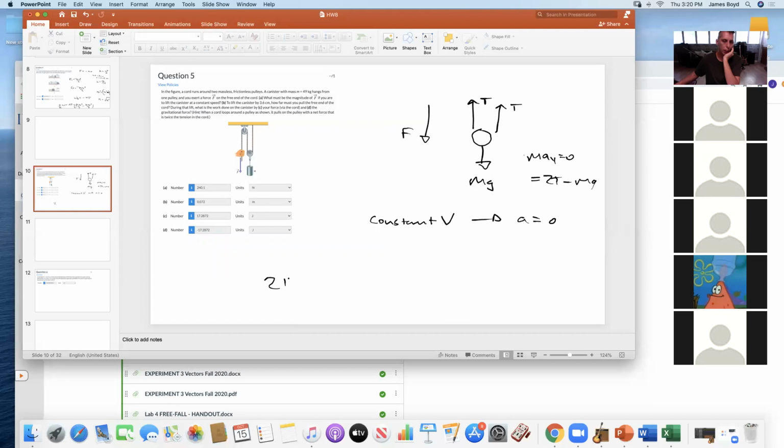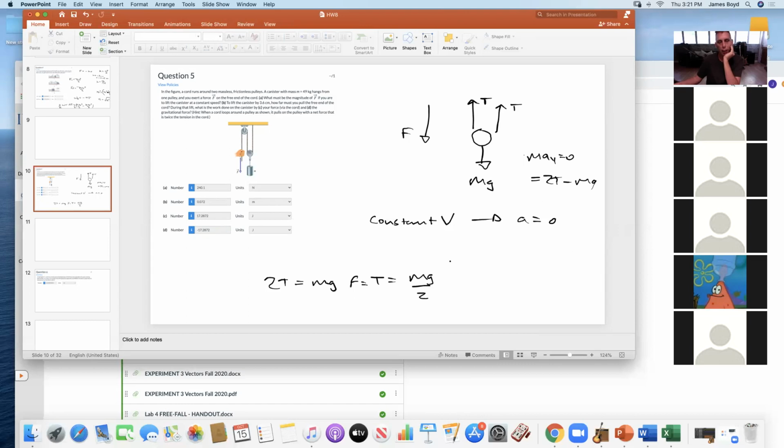That means that 2T is equal to mg, or T is equal to mg divided by 2. So the magnitude of F has to be the same as the tension. F and T have to be the same. And if that's true, then F is mg over 2.